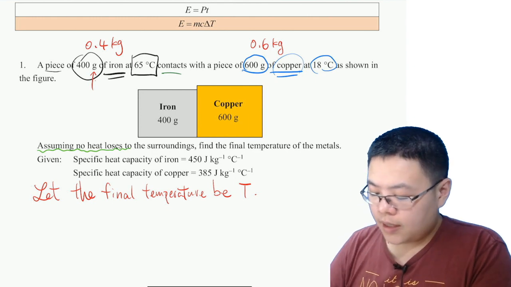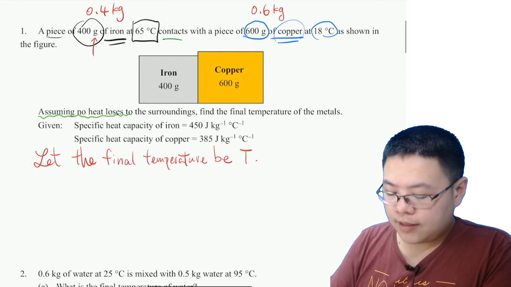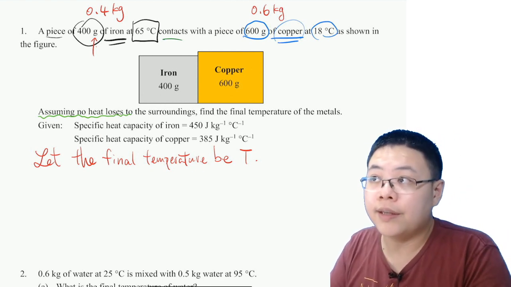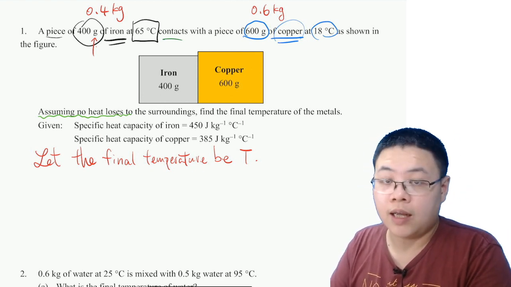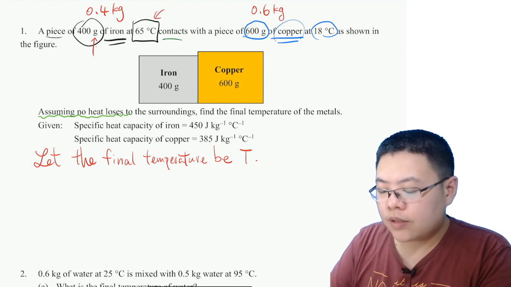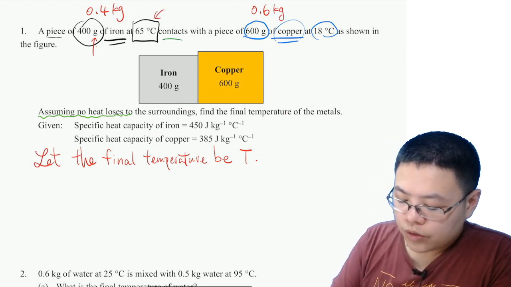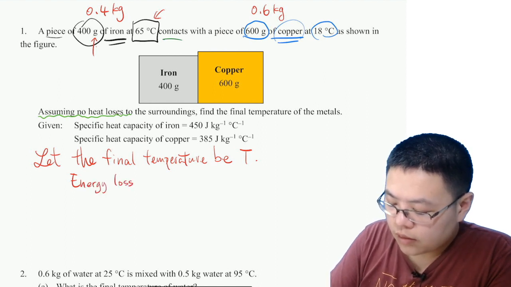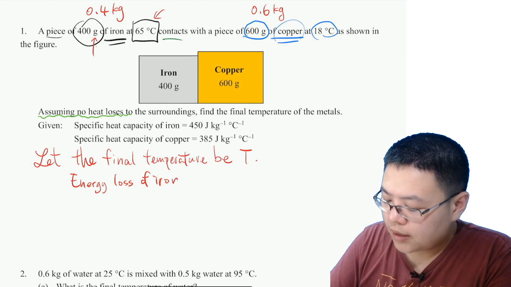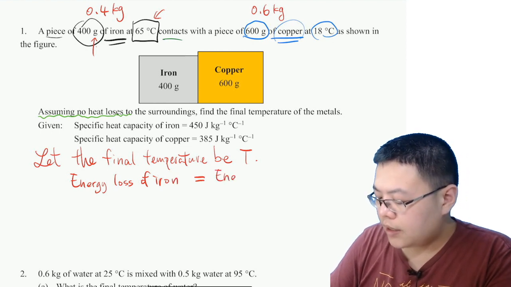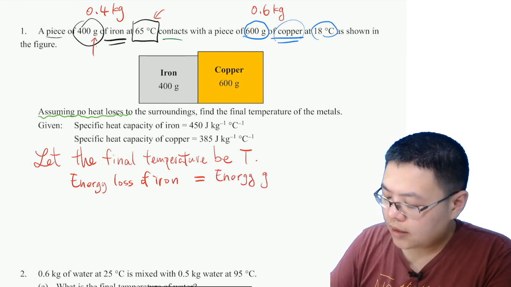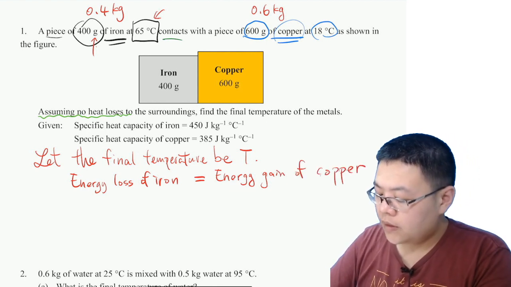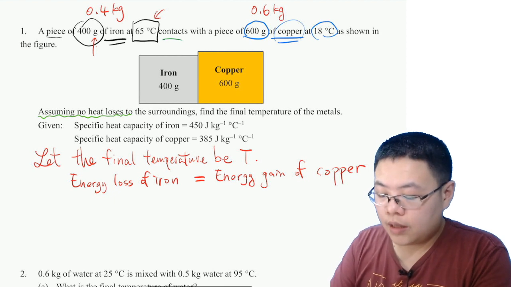And then the idea is that the energy loss of the hot object is equal to the energy gain of the cold object. So which is hotter? Yes, correct. This one is hotter, the iron. So the energy loss of iron is equal to the energy gain of copper, because there is no heat loss.